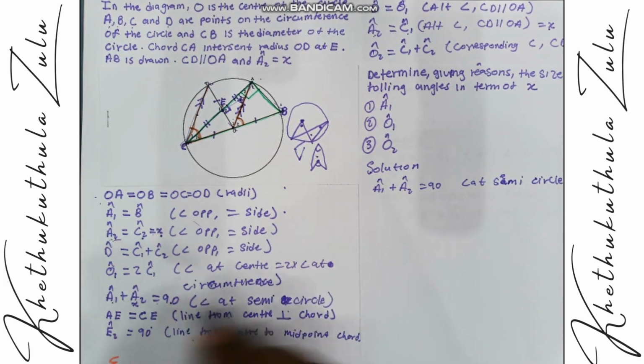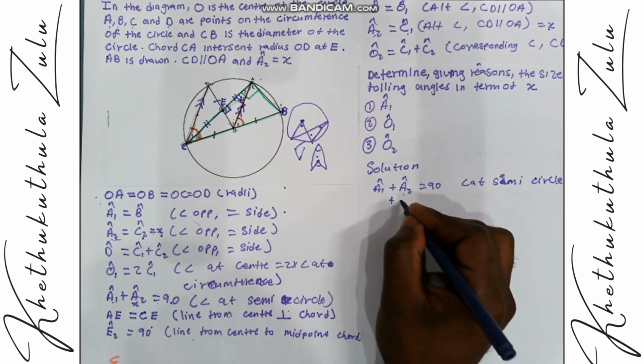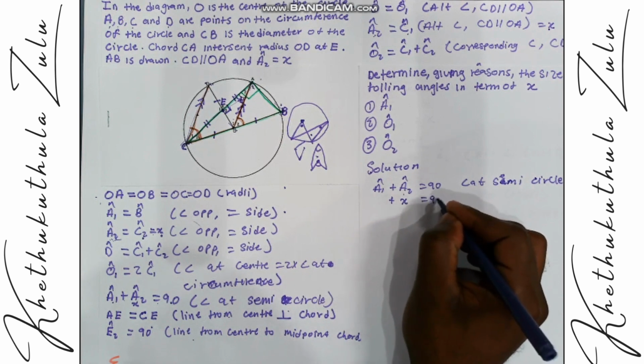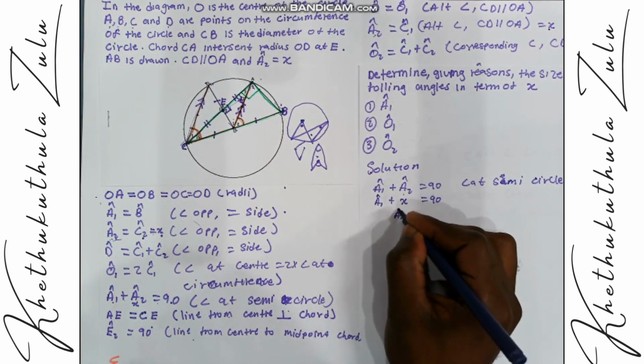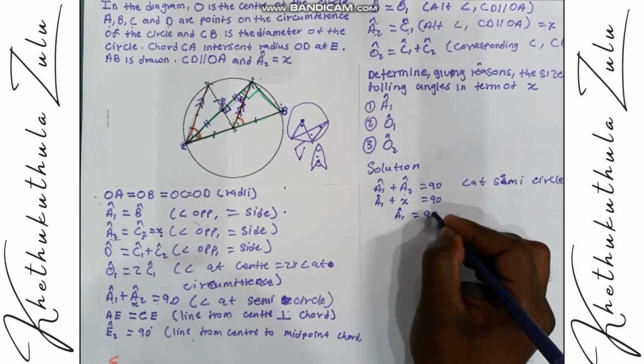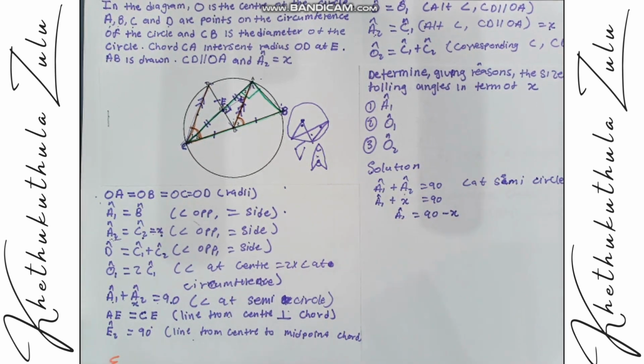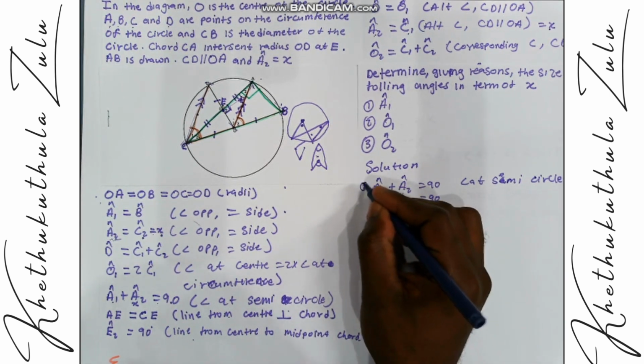But we know that A2 is equal to x, this is 90, then this is A1, so A1 is equal to 90 minus x. They are looking at our answers in terms of x, so this is just number 1.